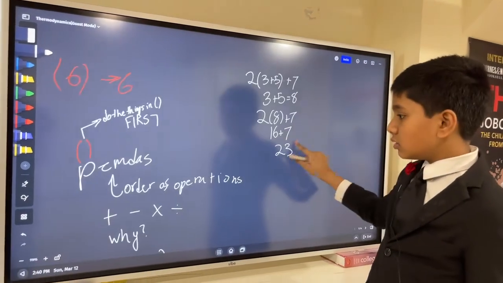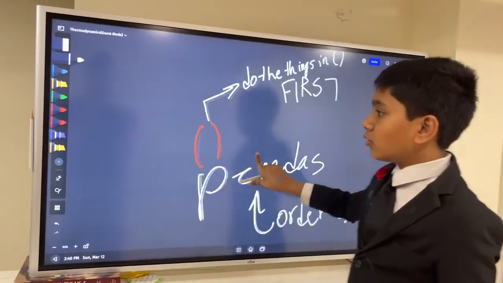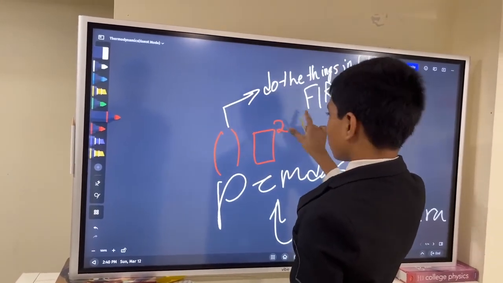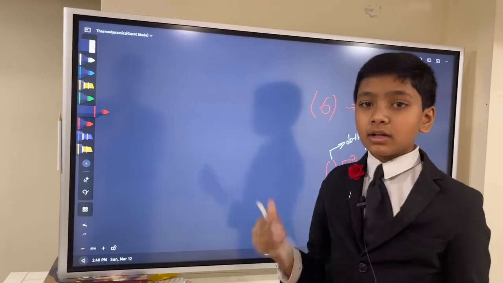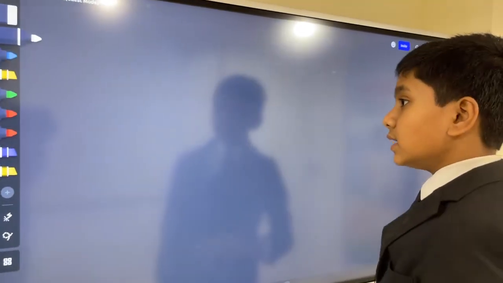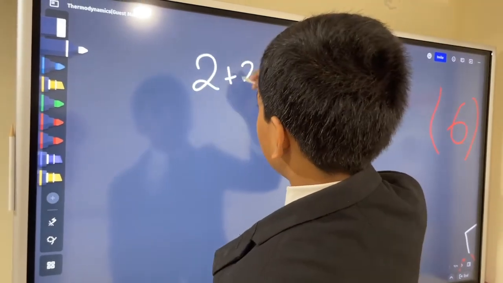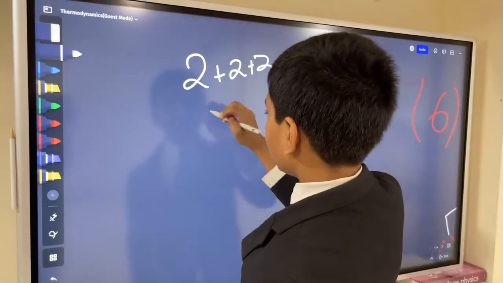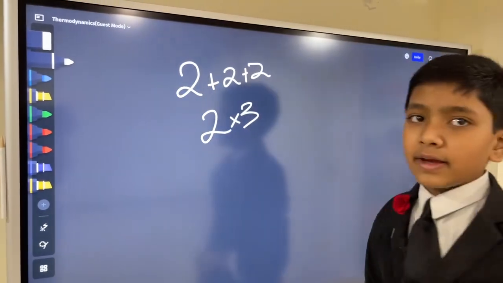So now, what does the E stand for? Well, it stands for exponents. So, what are exponents? Well, you know how addition is to multiplication? So if I add 2 plus 2 plus 2, you all know that's 3 2's, right? And we all know we could express that as 2 times 3, right?